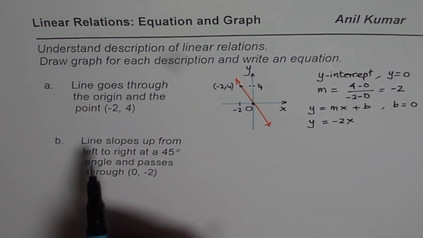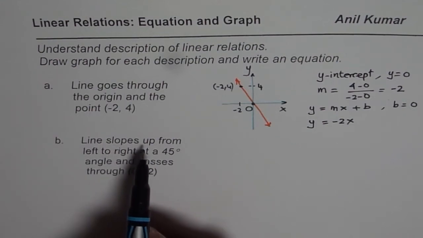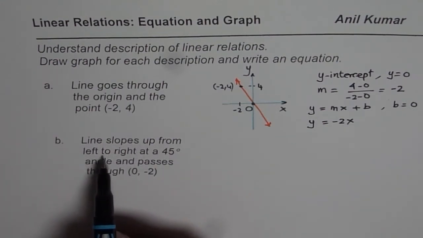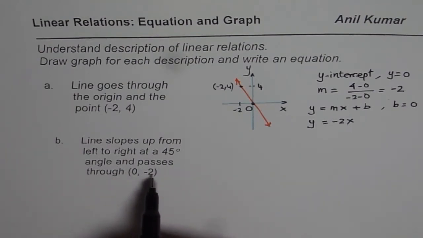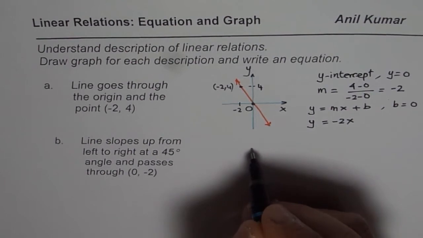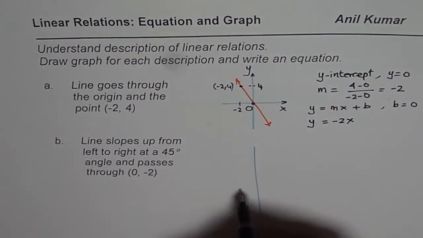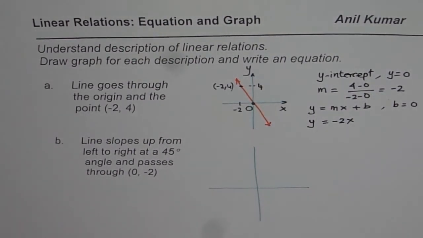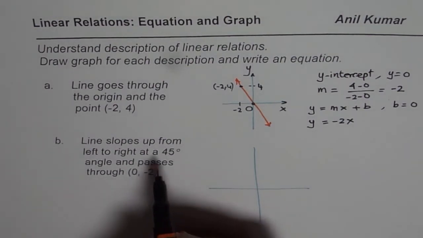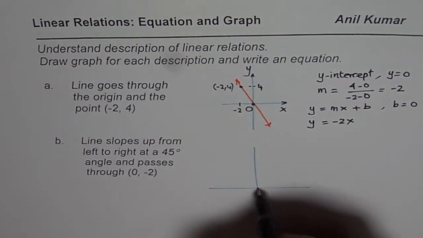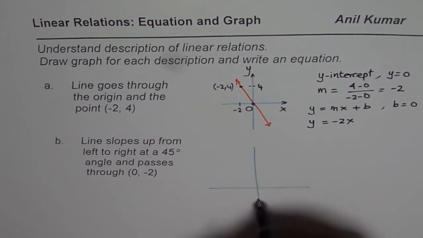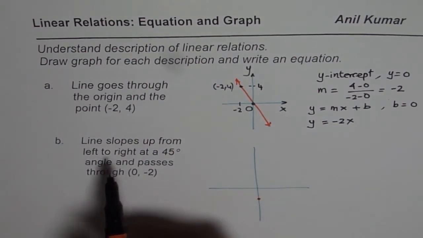Here we have line slopes up from left to right at a 45 degree angle and passes through 0, -2. So in this particular description, what we are saying is that the line is sloping upwards and it passes through 0, -2. That means the y value is somewhere here, right?